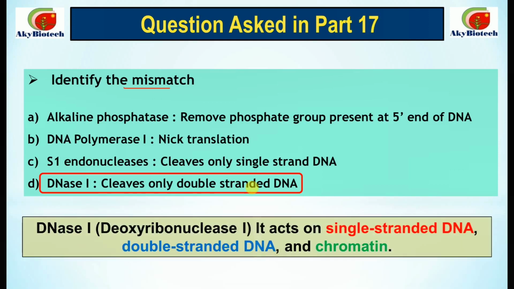DNase 1, that is deoxyribonuclease 1, acts on single stranded DNA, double stranded DNA and chromatin. So it is not correct to say that it cleaves only double stranded DNA.